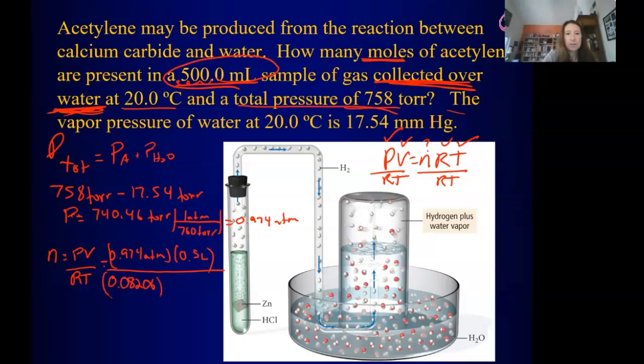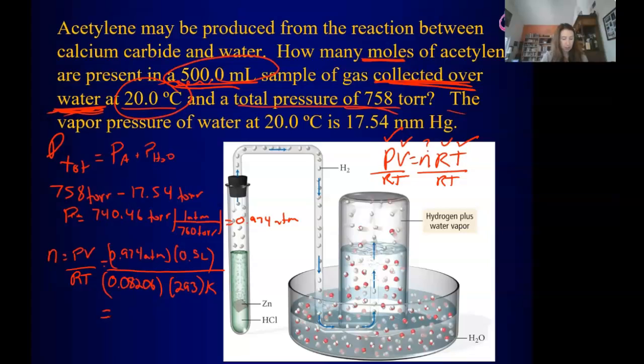And our temperature, 20. I've got to fix that one too, right? 20 plus 273, 293. And then we just plug them all in. So that's basically a straightforward problem after that little tiny twist at the beginning.